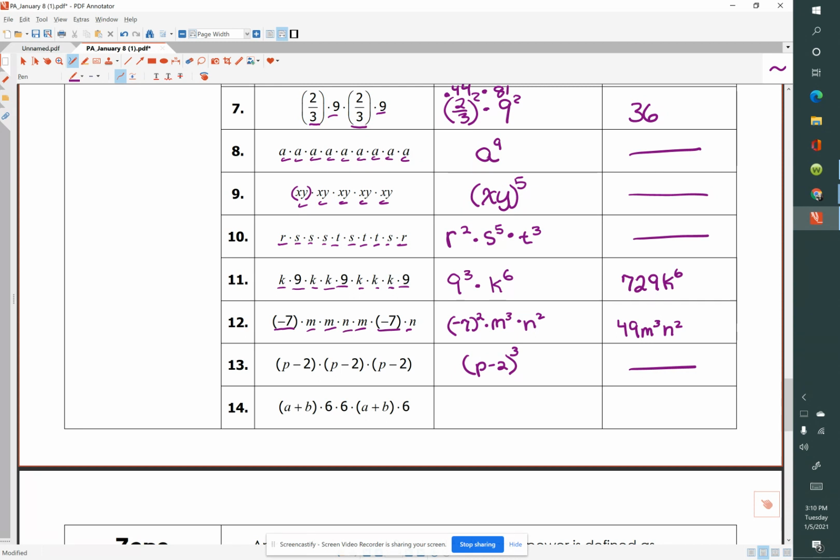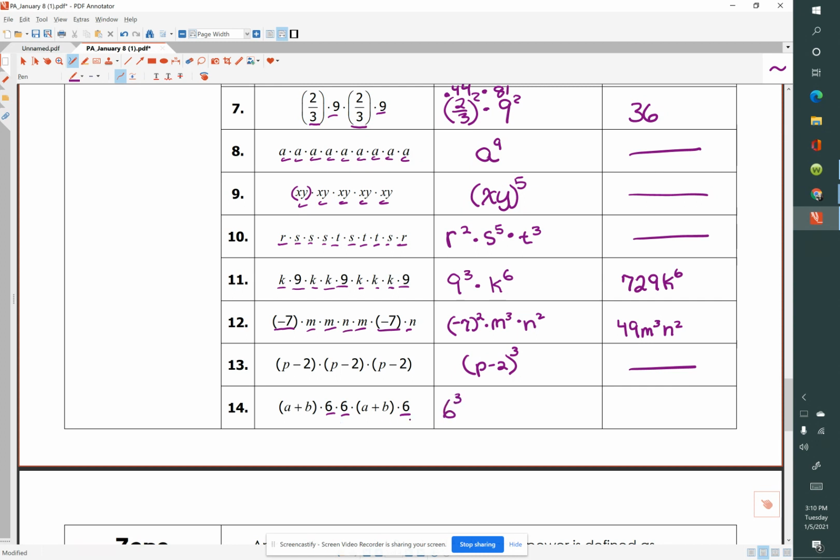And our last one, we have a plus b times 6 times 6 times a plus b times 6. So let's start with the 6's, 3 of them, 6 to the 3rd, and they're multiplied.